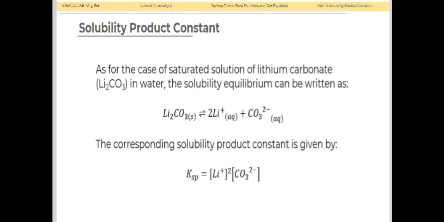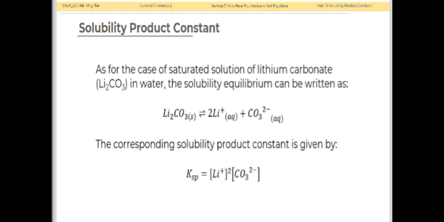As for the case of a saturated solution of lithium carbonate in water, the solubility equilibrium can be written according to the following chemical equation. The corresponding solubility product constant is given by Ksp equals the molar concentration of lithium ion squared times the equilibrium concentration of carbonate ion.